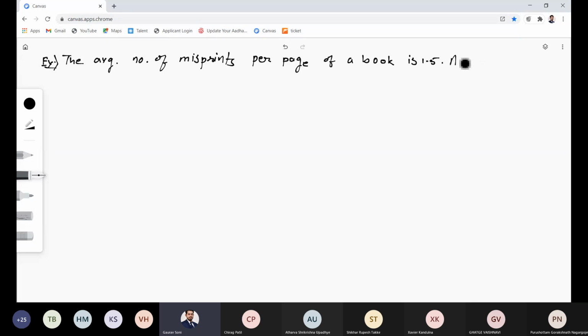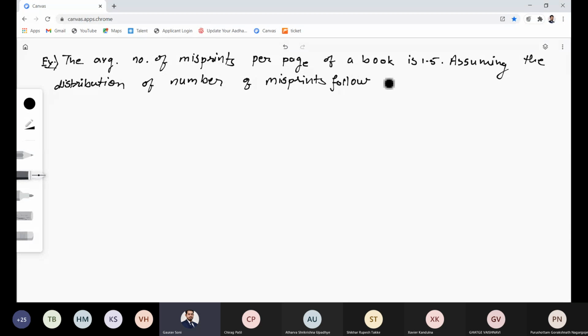Assuming the distribution of the number of misprints follows Poisson, find the probability that a particular book is free from misprints.